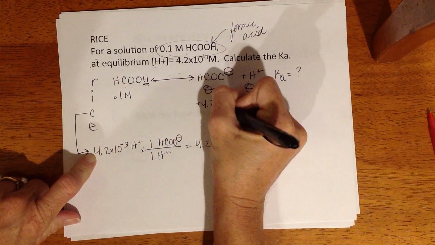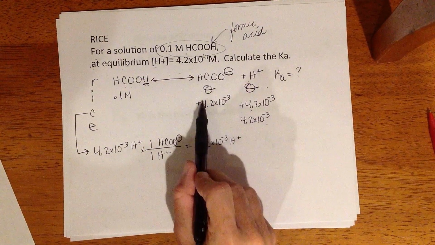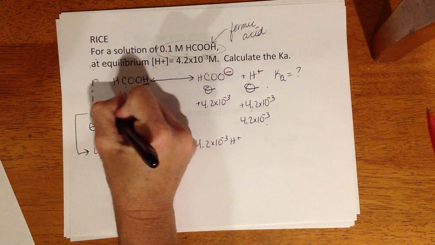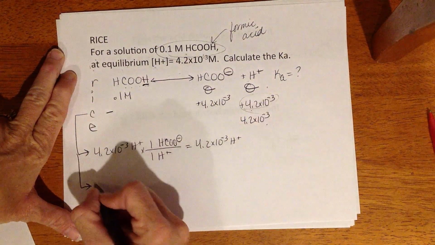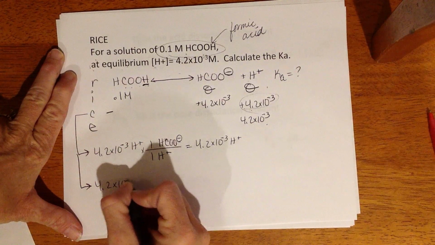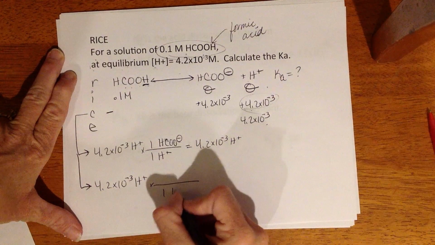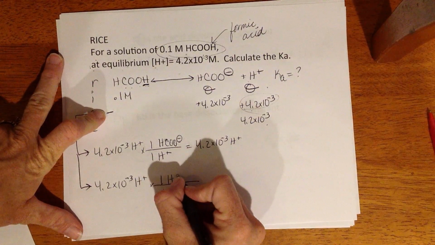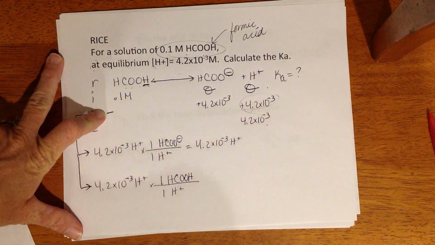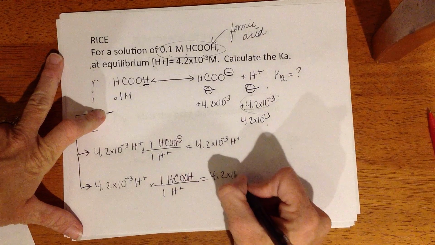I'm not as smart as you. There we go. So if I make that much of this, I'm also going to make this. How much of this is going to go away? Let's make another one. I'm going to work off that. 4.2 times 10 to the minus 3. Hydrogen ion. For every 1 hydrogen, there's 1 formic acid. Pull out your calculator. Figure it out.